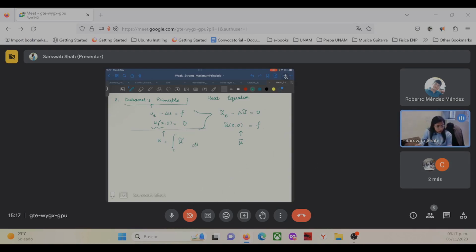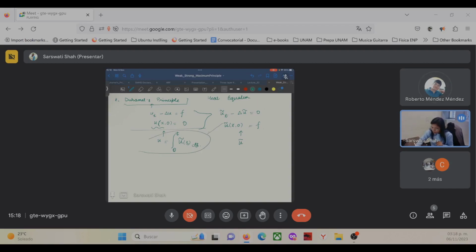It means you need to remind yourself the procedure, but what is the consequence, what is the main idea behind the Duhamel's principle that you should know. Integration was 0 to t, yeah. So u is the integral from 0 to t of u tilde ds, where we are taking s, and this was Duhamel's principle.